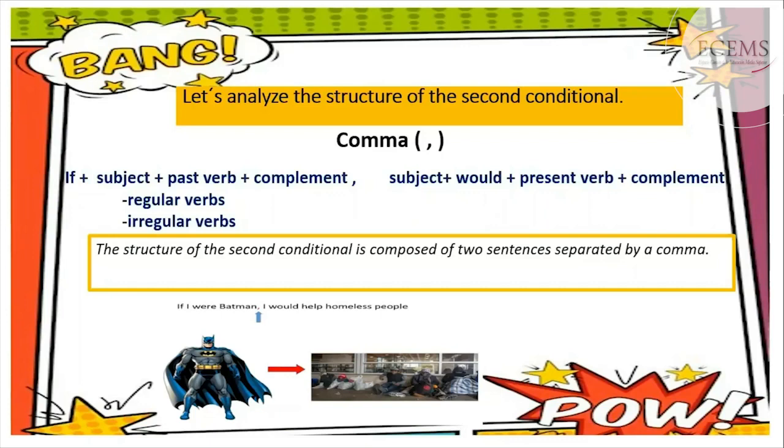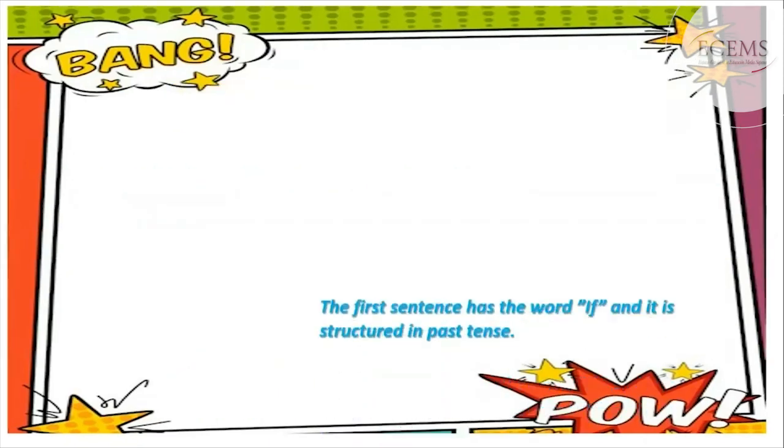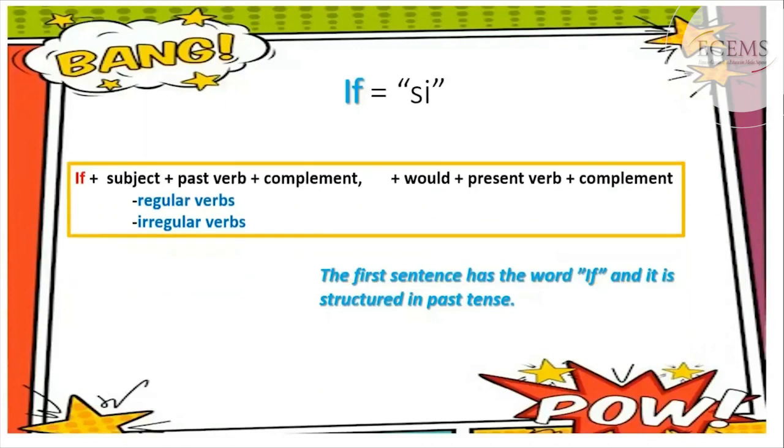Let's review Batman's example. If I were Batman, comma, I would help homeless people. You can notice that the second conditional sentence is separated into two clauses by a comma. It doesn't matter the type of conditional we're using, the particle if will be there.